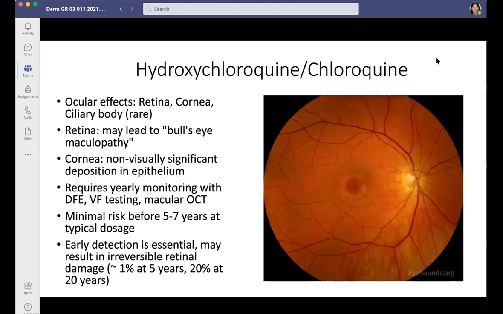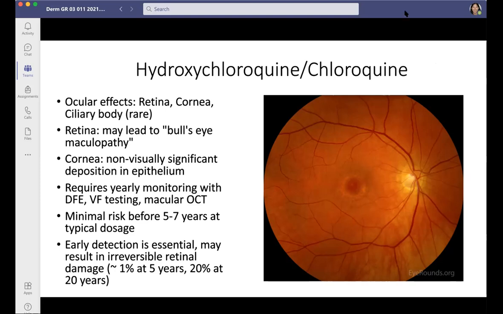So, hydroxychloroquine, obviously we tend to call it Plaquenil. The main possible sequela that we worry about is with the retina, and that can lead to a bullseye maculopathy, which I believe you can see there on the right. Just to dispel some misconceptions people might have, we're not looking for this.